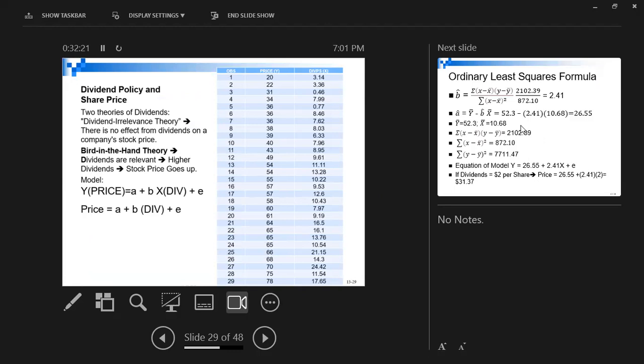What is this model about? There's a theory in finance that companies that pay dividends also increase the price per share of the stock. And what is behind that is, think about it this way. Companies do not always pay dividends. You buy one share of stock, you expect a dividend at the end of the year if the company makes a profit.